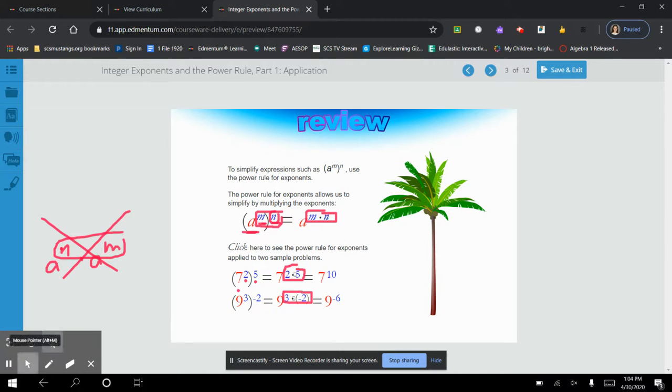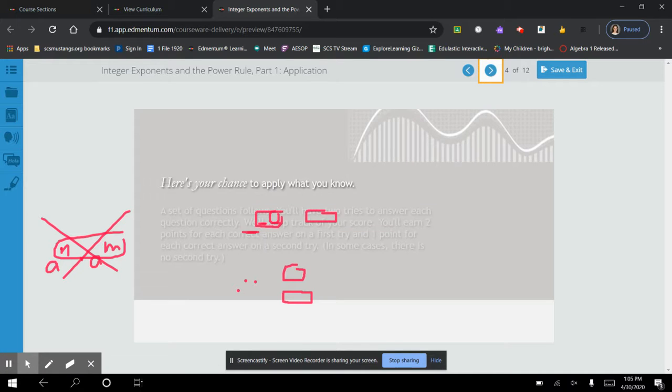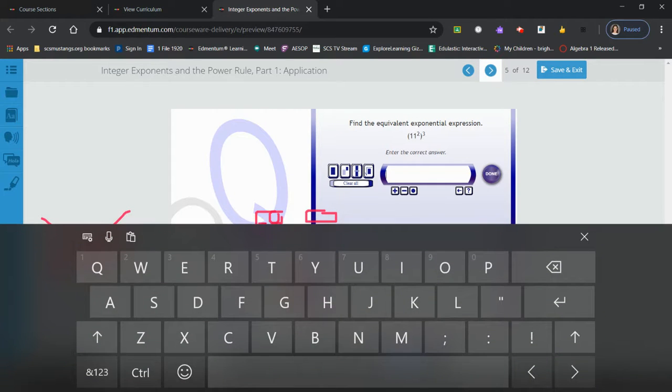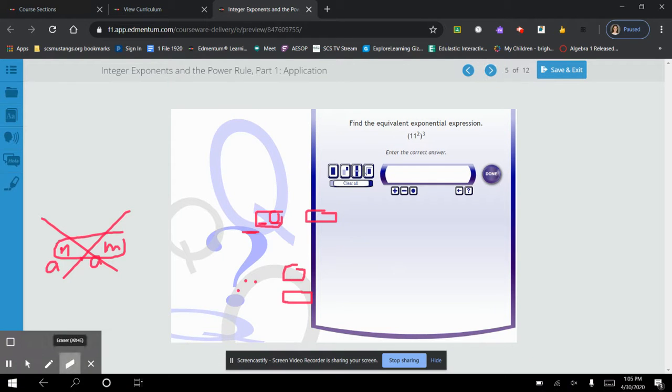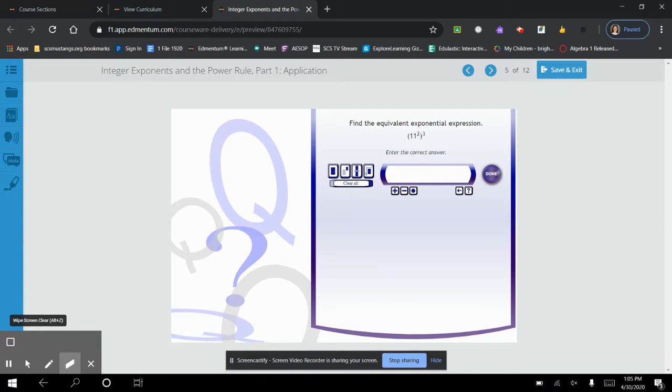So if we work on some practice problems with these, looking at the first one they give us, it's just going over a set of basic rules. I've got find the equivalent exponential expression. What they're saying by equivalent exponential expression is that they do not want you to take 11 to the second to the third and stick that in your calculator and tell them what the simplified answer is.